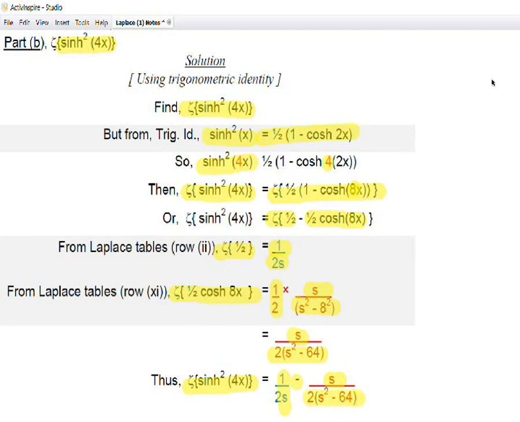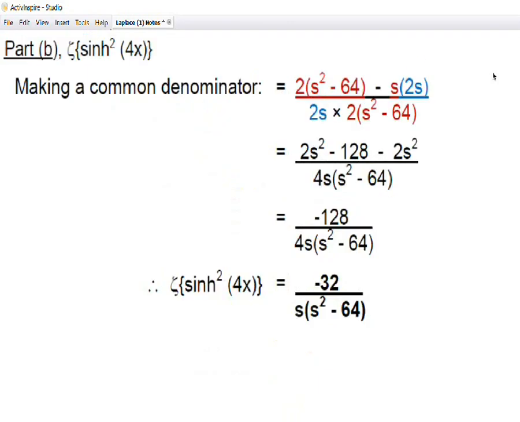Again, if we bring them together with a common denominator, which has been shown here, same procedure as used in part A, we cross multiply on the top, we'll get 2 times s squared plus 64 this time, and we'll get s times 2s. Expanding our brackets, we get 2s squared plus 128 minus 2s squared.